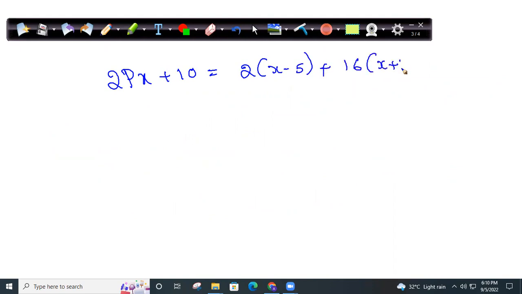For example, if I say 2px plus 10 is equal to 2 into x minus 5 plus 16 into x plus 1, and this given equation is true for all values of x, this is how the SAT questions would be.